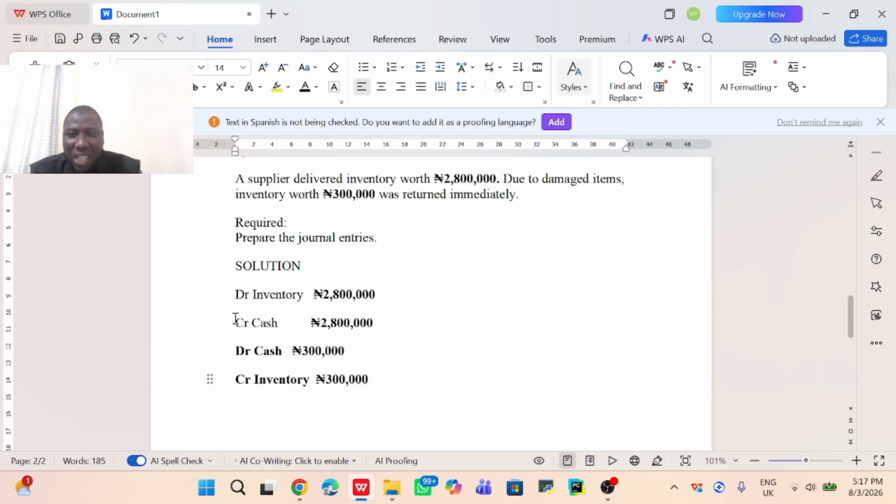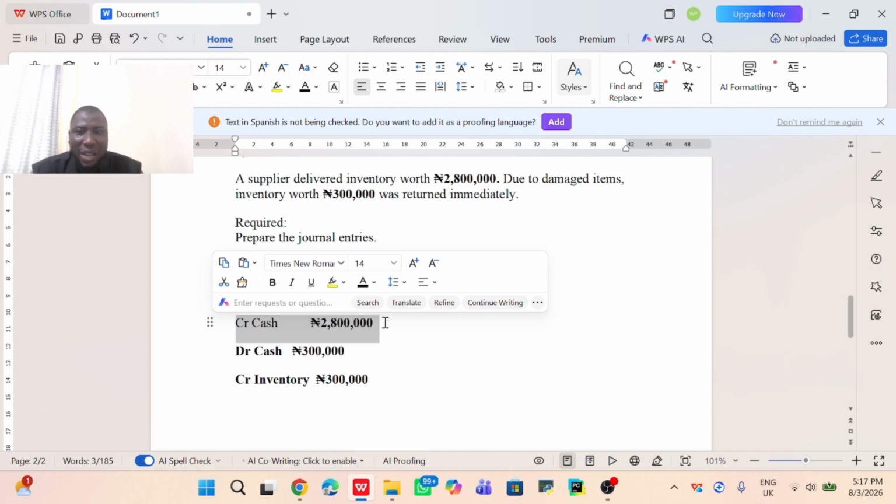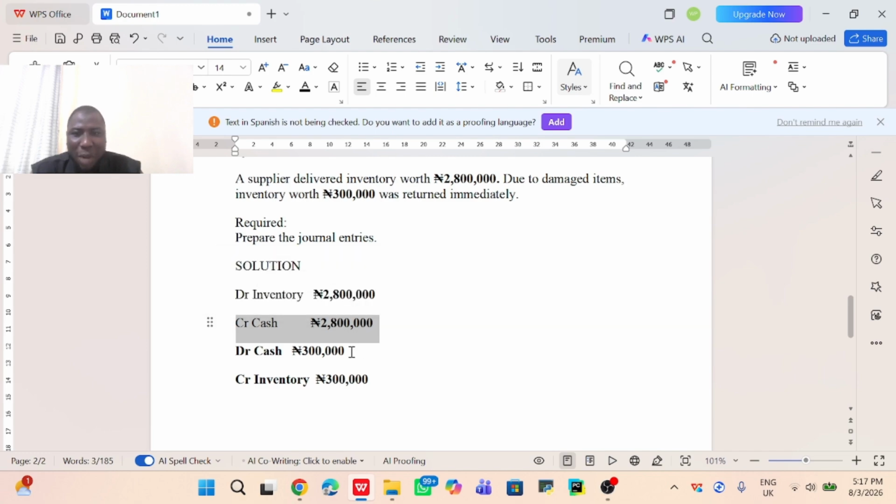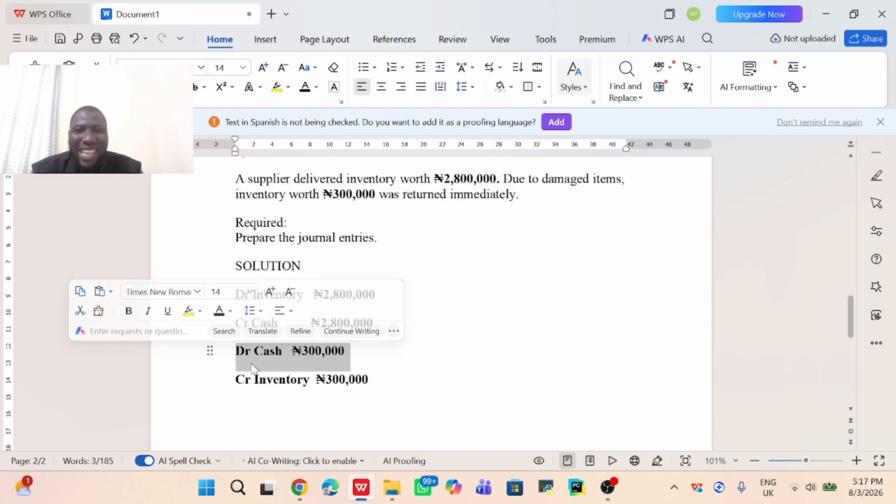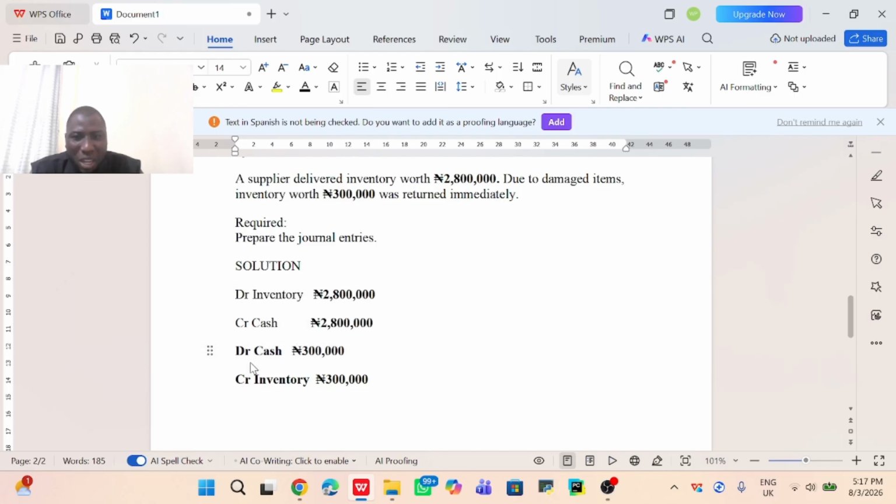If you prepare the cash account now, you will credit 2,800,000 naira. You will now debit how much? 300,000 naira. That means the actual amount of money you paid is 2,500,000 naira. This minus this will give you 2,500,000 naira. Do you understand? So that's all for the third question.